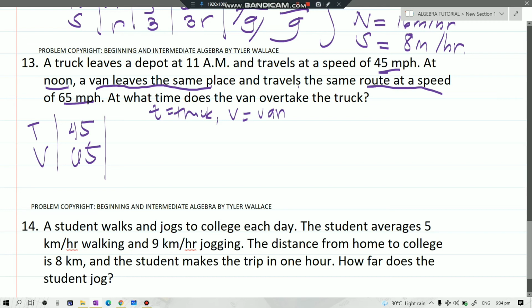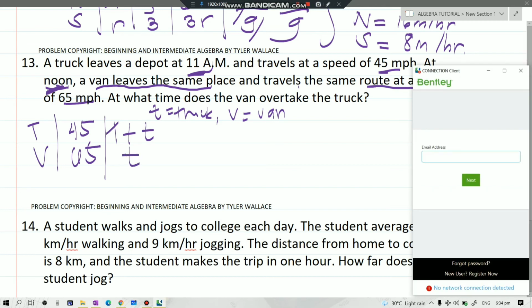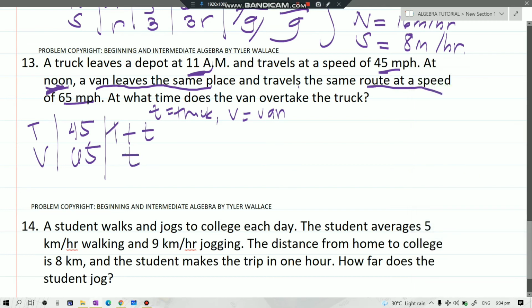So, the van leaves at noon, sabihin 11 a.m. Pero sinabi sa problem, noon. So, meron kang 1 hour na head start. So, we have 1 plus T and T. Then, to get the total distance, that is 45 plus 45T is equals to 65T.